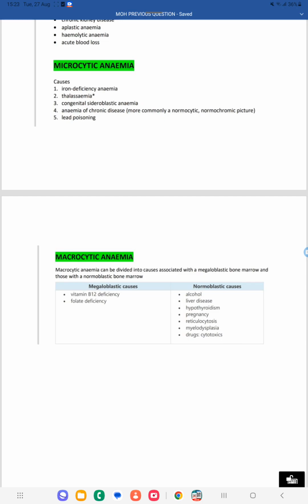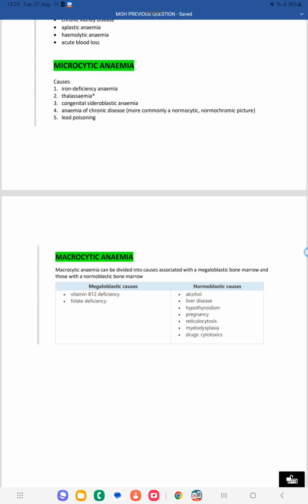Okay, in megaloblastic, what happens? You will be getting abnormally large RBC cells. Okay, in megaloblastic macrocytic anemia you are getting abnormally large RBC cells.